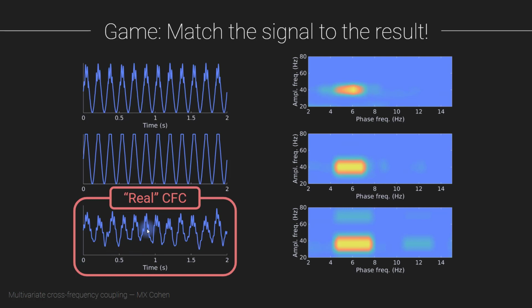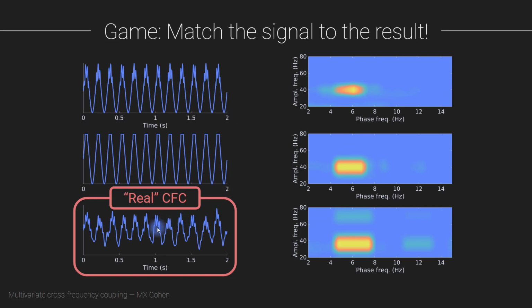So in fact, this signal is a mixture of 2 different local field potentials. That's the simulation assumption behind this signal. And this one you can see is just a pure sine wave that's clipped. And here, this is the same signal that I showed in the first slide. This isn't simulated in a way that reflects what we think is happening in the brain when the brain exhibits cross-frequency coupling. All I did was take one sine wave and use it to define the amplitude of another sine wave.